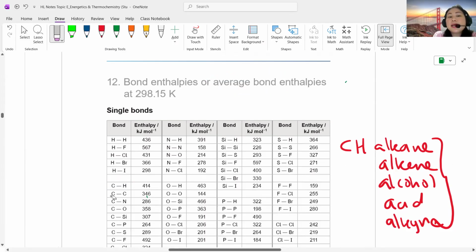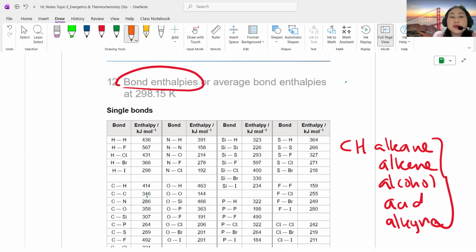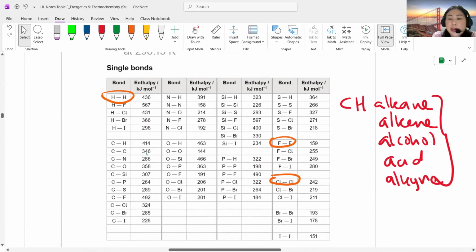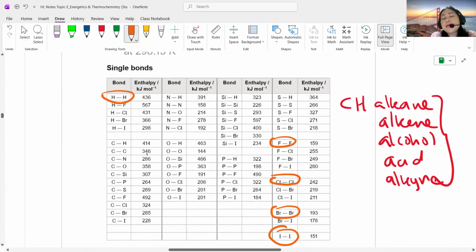However, there are some bond energies in the data booklet that are not average. They are the real ones. And which are the real ones? You'll find that the real ones are usually the bond energy of diatomic molecules. Example, fluorine, chlorine, H, H, Br, Br, I. Why?